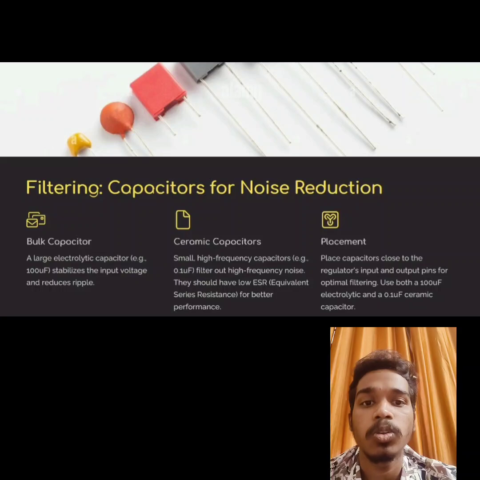They should have low equivalent series resistance for better performance. Third is placement. Place capacitors close to the regulator's input and output pins for optimal filtering. Use both a 100 microfarad electrolytic and a 0.1 microfarad ceramic capacitor.